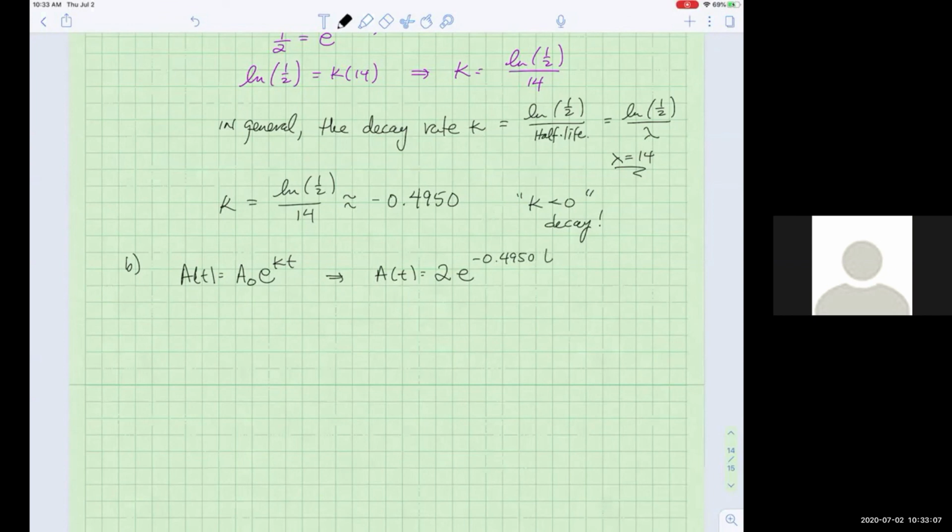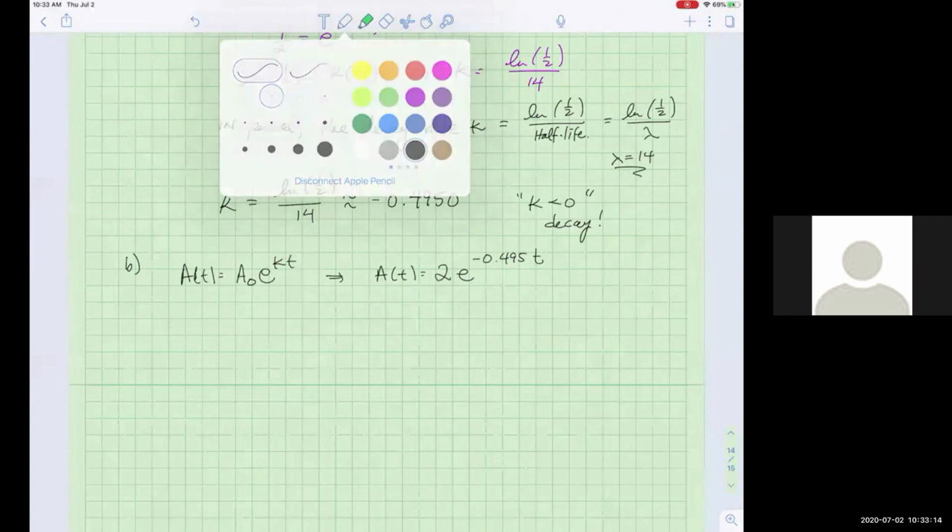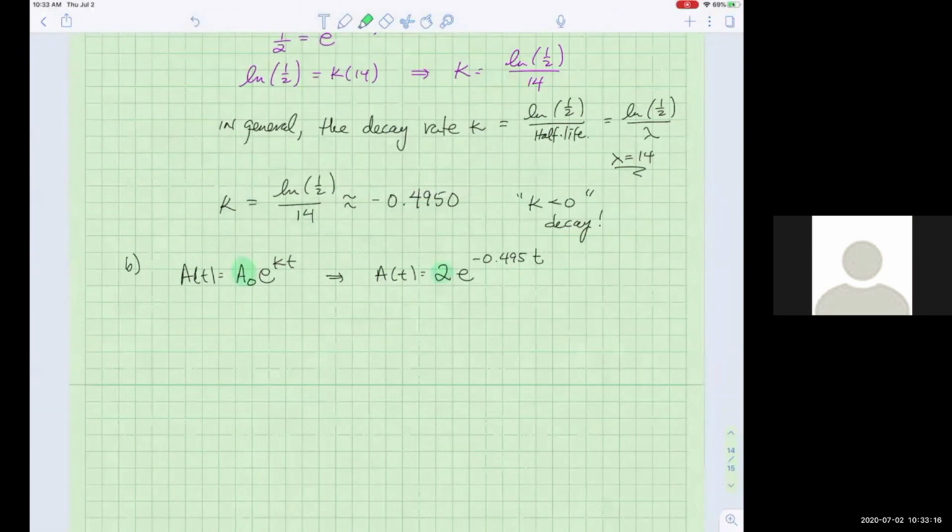That looks weird to have that 0 on the end, so I'm just going to get rid of it. Where A naught is our initial amount and K is our decay rate.